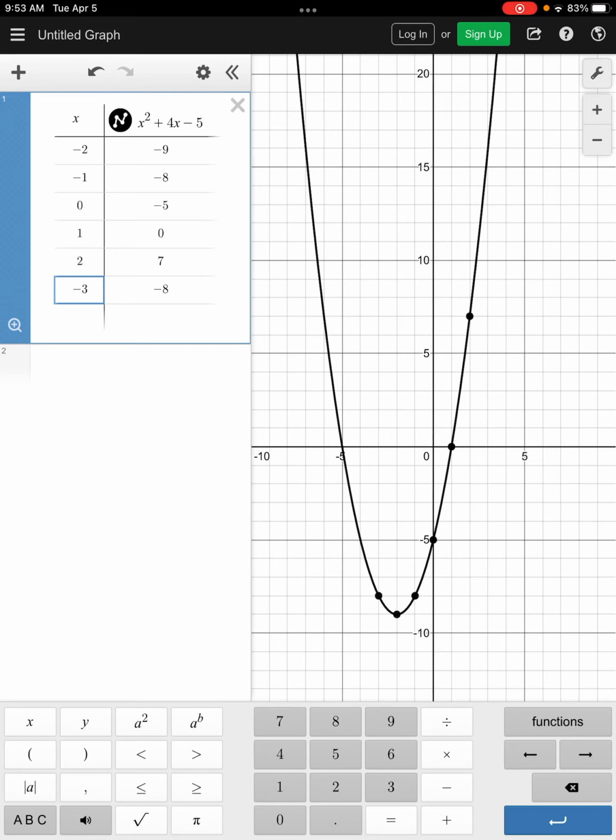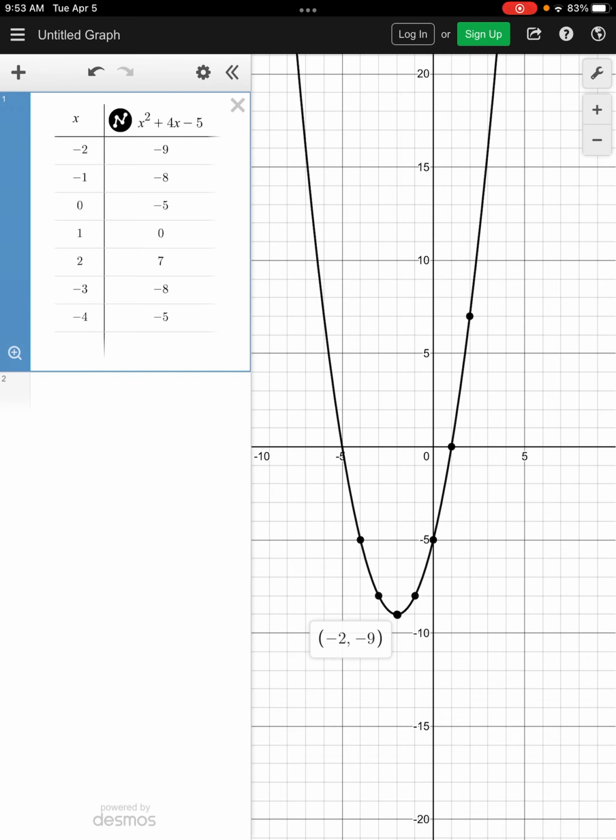So negative 3, 8. And then I'll go negative 4, because those are numbers that are to the left. I want at least two coordinates to the left of the vertex. The vertex is the bottom of this graph. I want at least two coordinates to the left and two to the right. That's going to help me draw a really nice quadratic.